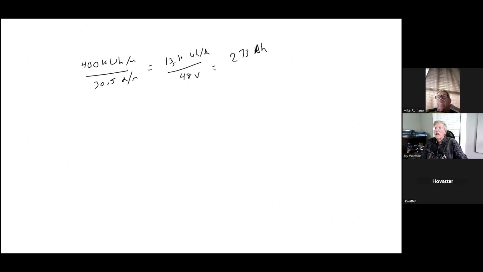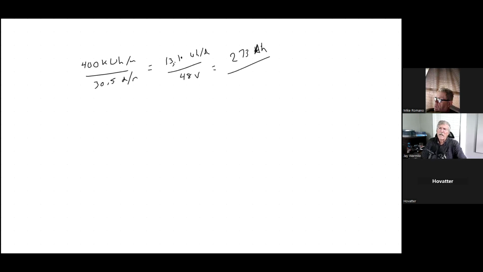Okay, so if my system were 100% efficient, and if I could use 100% of my battery, and if I just needed 1 day of autonomy, I could get by with a 275 amp hour battery, as long as it's 48 volts. All right, but I know I can't use all of the battery. So what do I want to set this for?